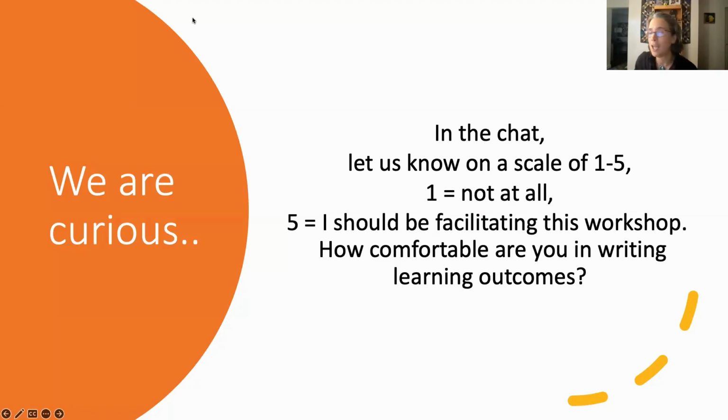This time, you can just add your number to the chat. We won't do a waterfall this time. Are you more comfortable now than you were at the beginning of this workshop? Well, that's heartening. It's 3.7. Woohoo!